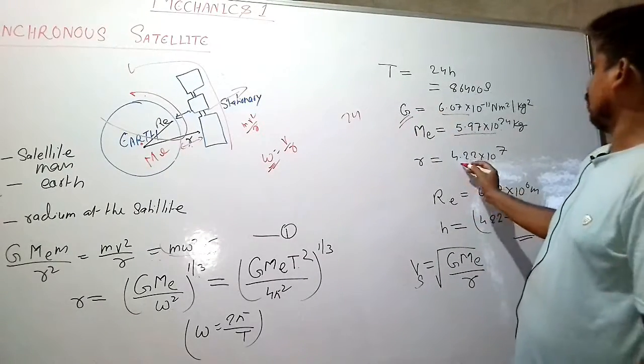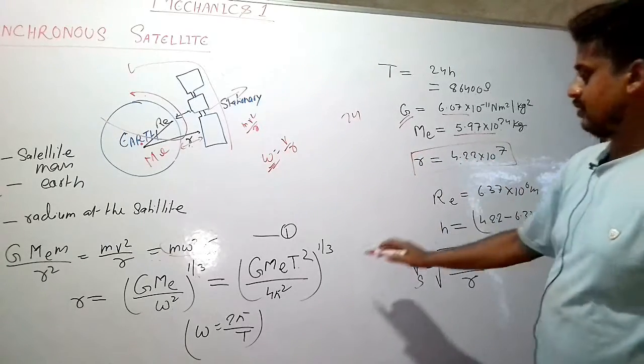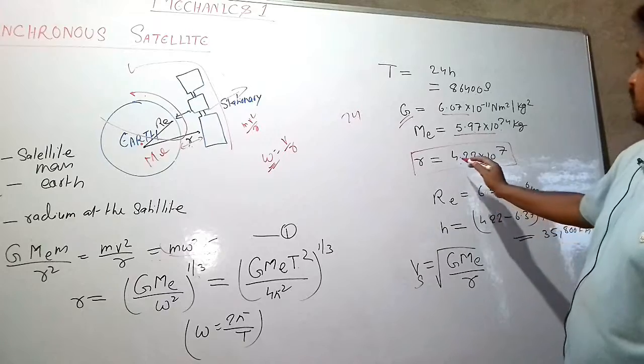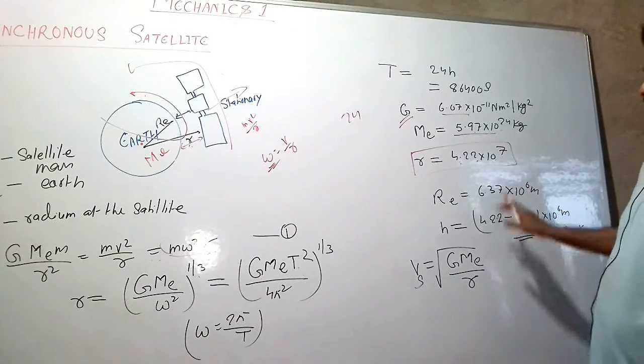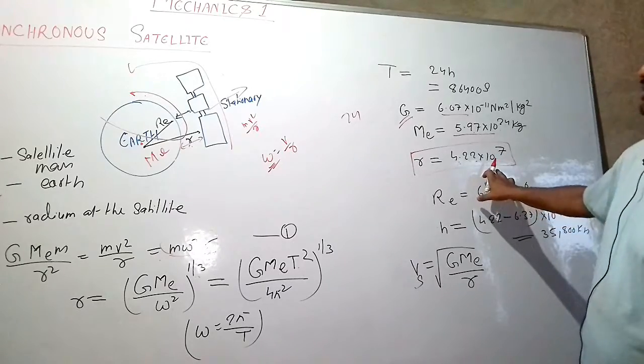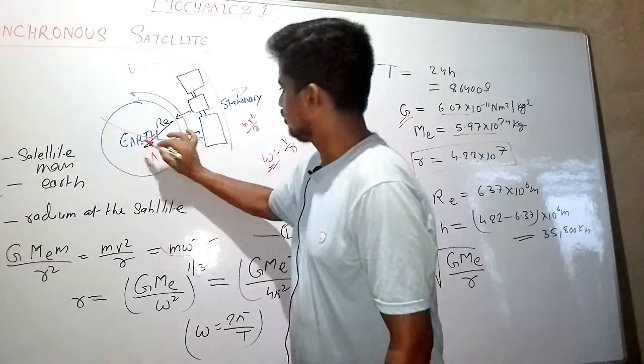When we plug all this in, we get r equal to 4.22 times 10 to the power 7. This is the radius of the stationary satellite from the Earth's center.